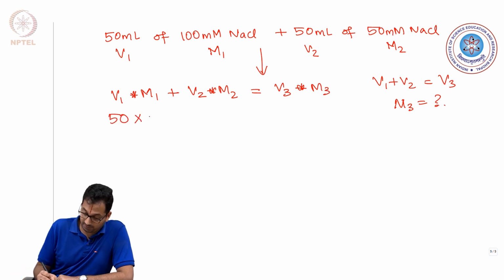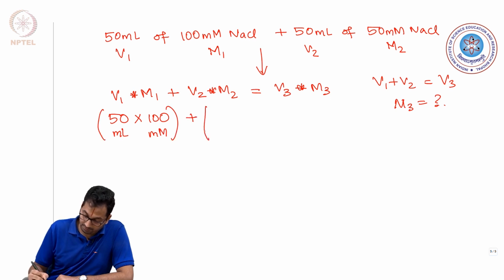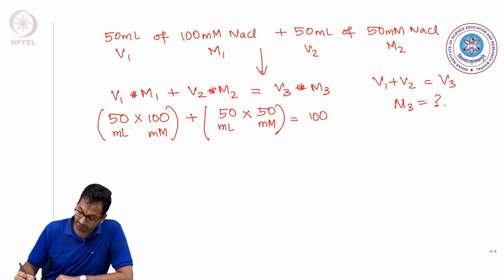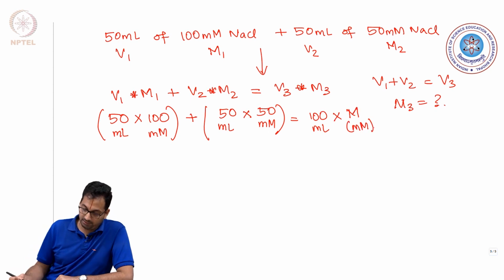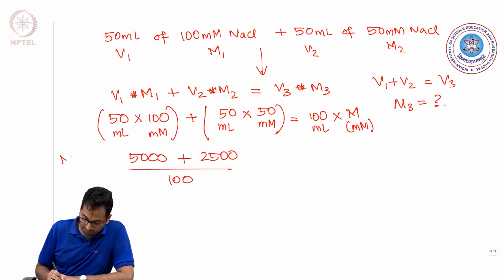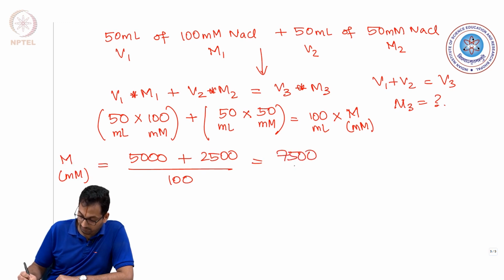It is always a good idea to write units so that you are following which units you are ending up using. 50 ml times 100 millimolar plus 50 ml times 50 millimolar will be equal to, what is the total volume of solution? 50 plus 50, that will be 100 ml times the molarity, which will be in millimolar. So quick math will be 5000 plus 2500, the whole divided by 100, is going to be the molarity in millimolar of NaCl. So this is 7500.